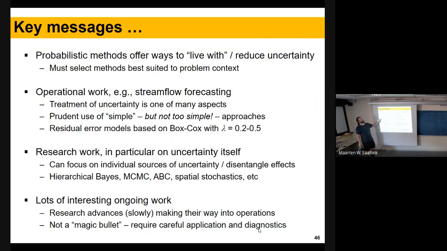I would say for operational work, the Box-Cox transformation is a good choice. If you're prepared to invest the effort in collecting a lot of extra data and setting up much more complex inference schemes, then you can try to focus on individual sources of uncertainty. Lots of interesting work. I didn't really go into everything there, but I hope that it provided a bit of an overview for you to see what's happening in that space.